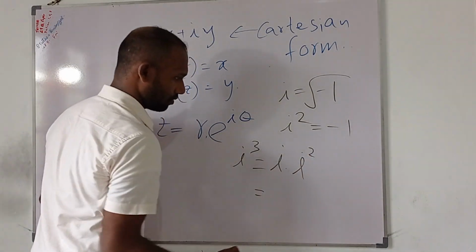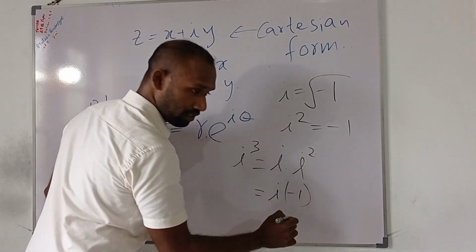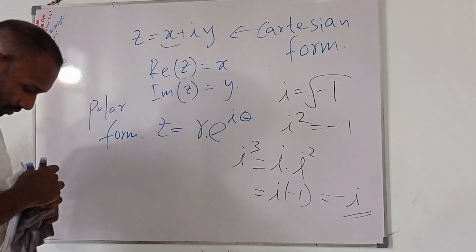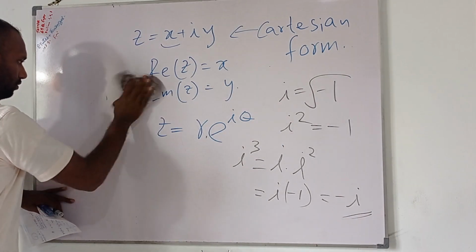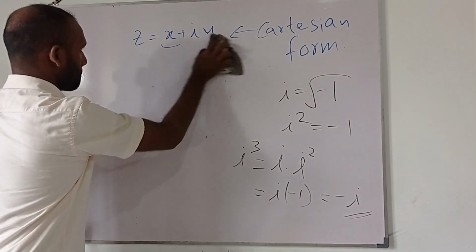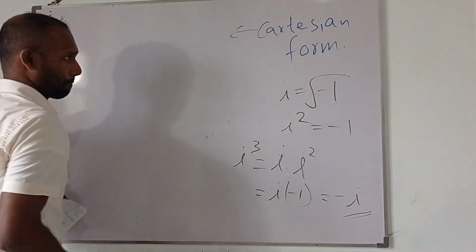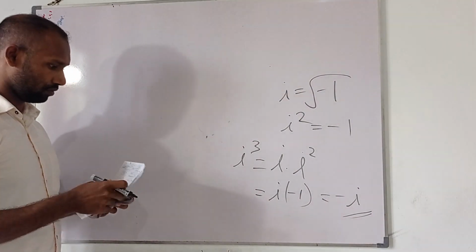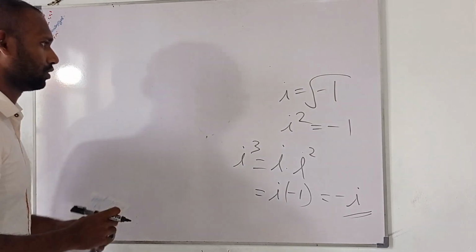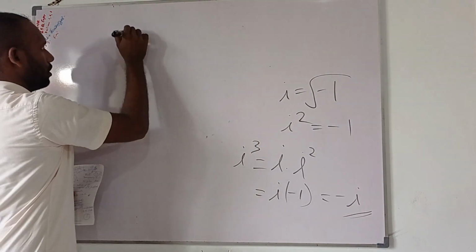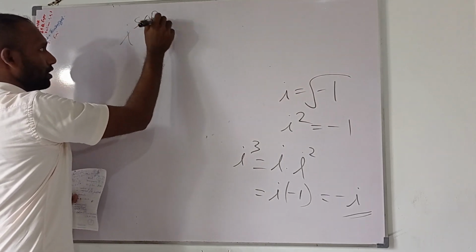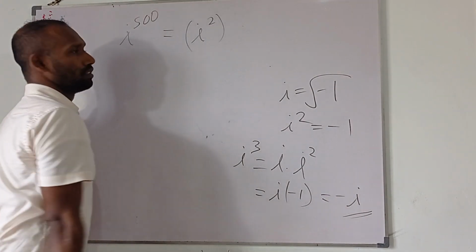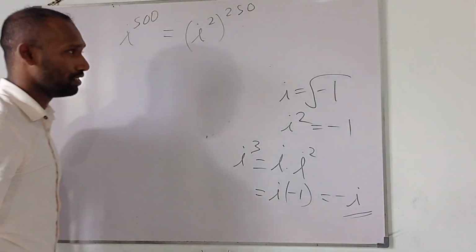I times this is -1, and i cube equals -i. i to the power 500 equals i squared to the power 250.